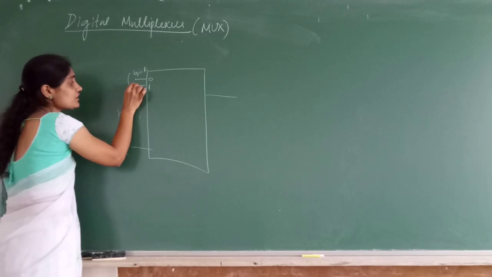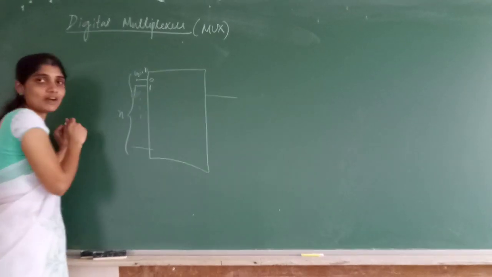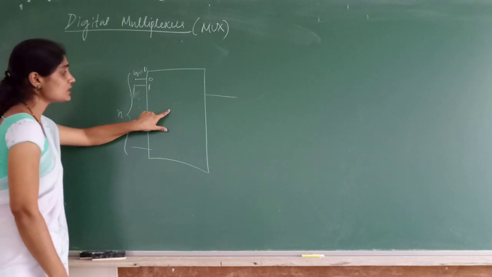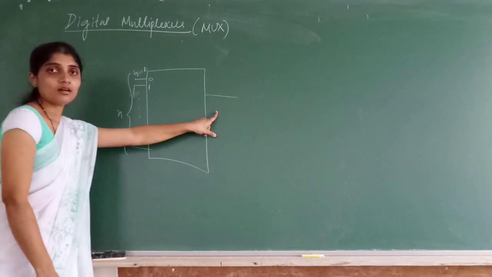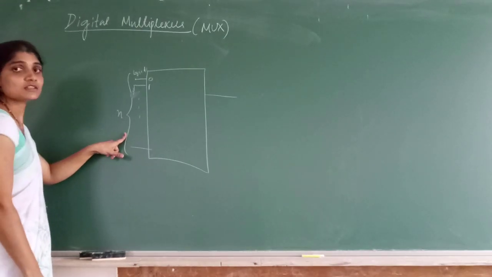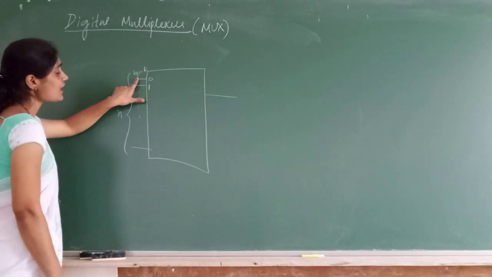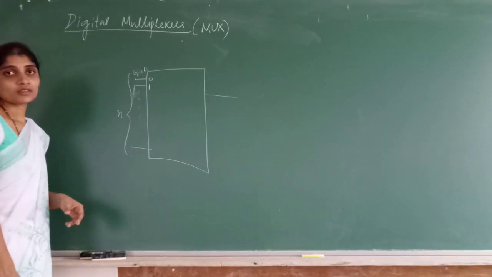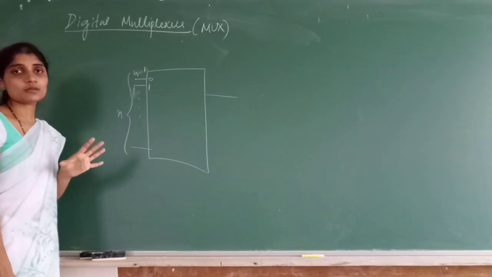Or if you have connected this to VCC, the output will be 1. So a multiplexer selects 1 out of n input lines so that the logical value of that input is transferred to the output. This is the definition of a multiplexer.